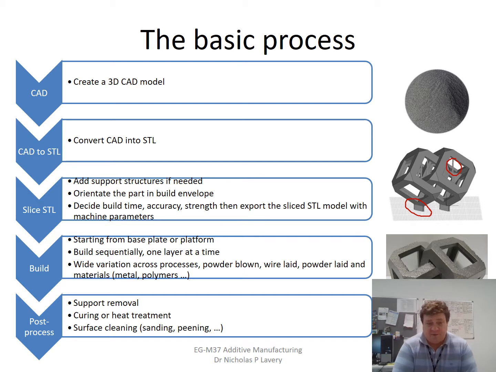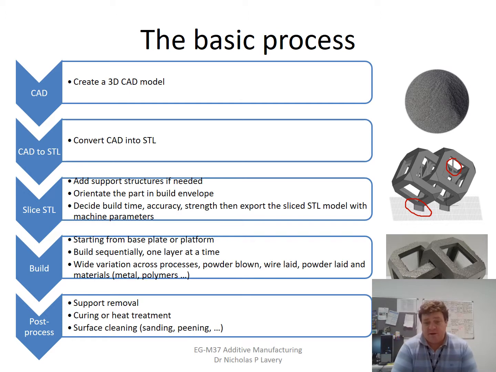So starting from the base plate or the base platform, and a layer at a time, which is very important, it's built sequentially, one layer at a time. At this point, there will be a variation in how the build is done throughout the different additive processes we've discussed. Blown powder, so the powder gets blown down through nozzles that intersect just above the build plate.